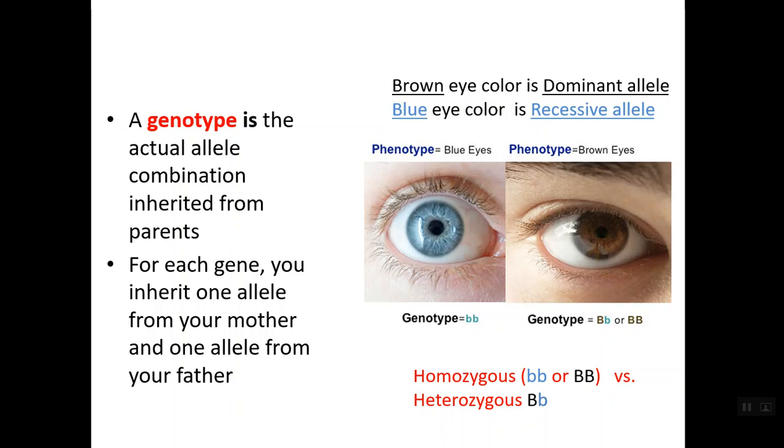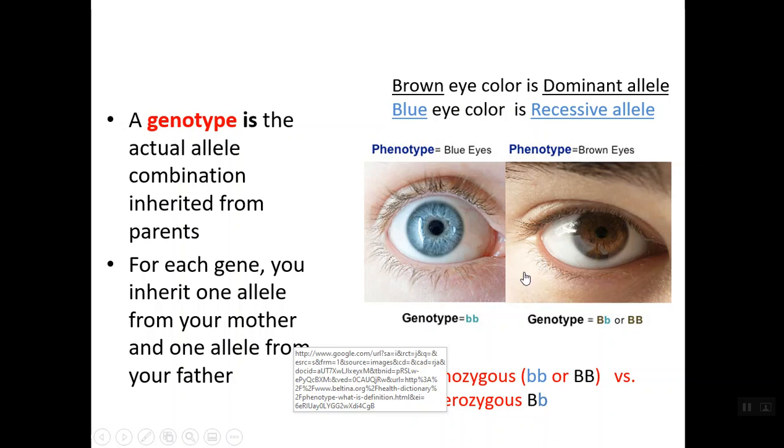Because if this person, in fact, had a dominant allele for brown eyes, it wouldn't manifest the blue eyes. So whenever a recessive allele is manifest through phenotype, you know the genotype right away.